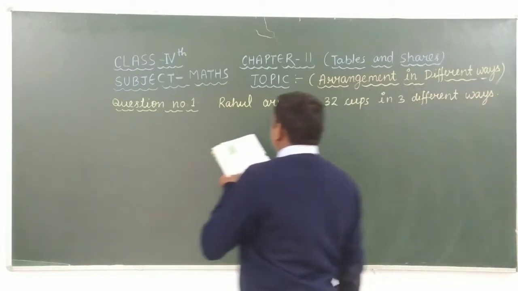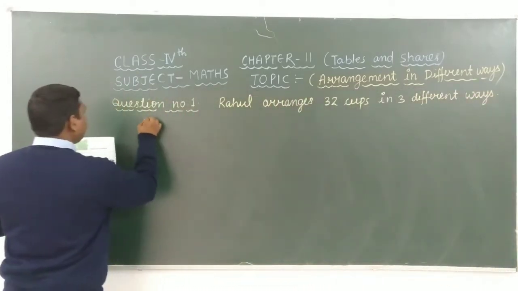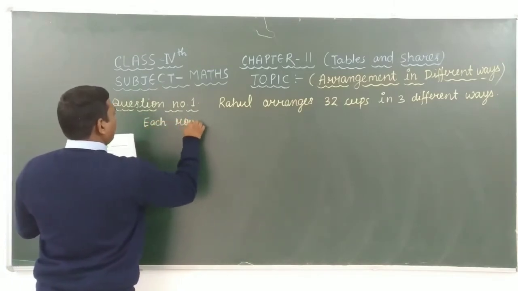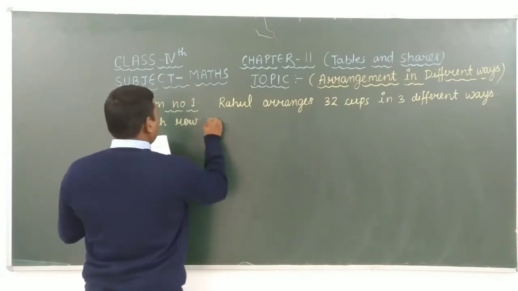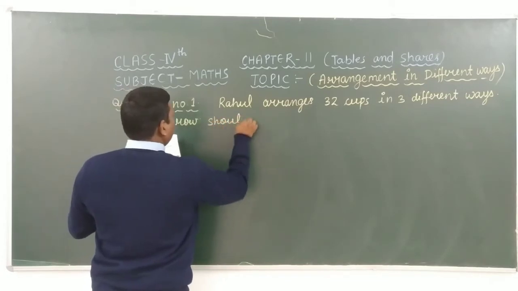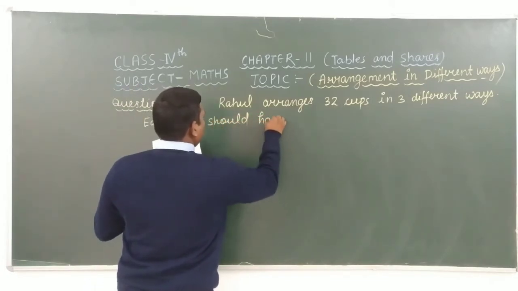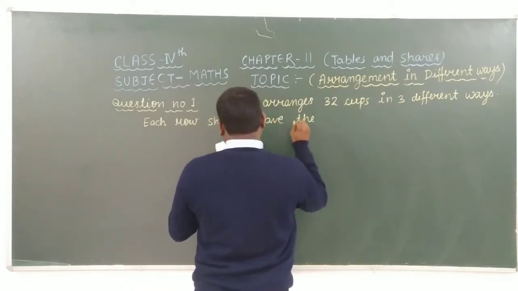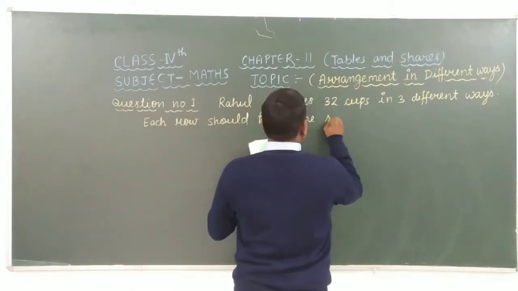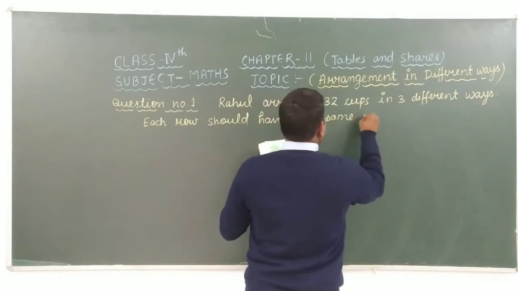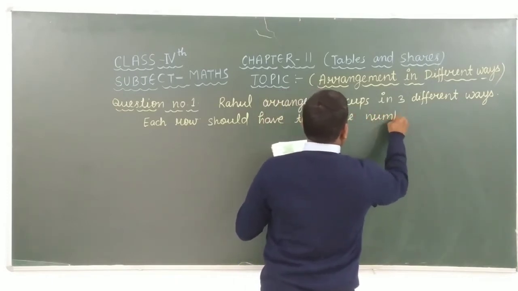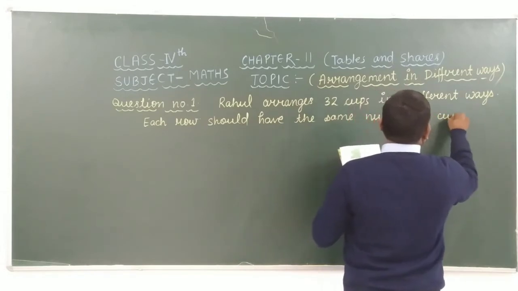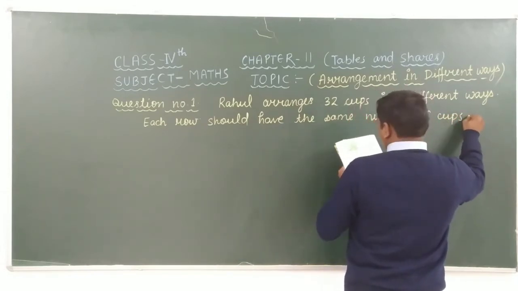Each row should have the same number of cups. Same number of cups. Okay, students.